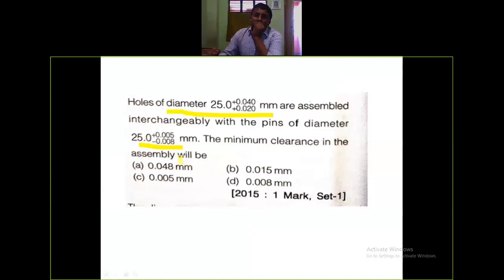Of course, you will get minimum clearance when you have the lower limit of the hole and the upper limit of the pin. The upper limit of the pin is 25.005 and the lower limit of the hole is 25.020.